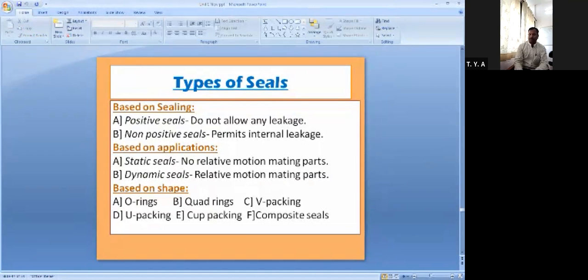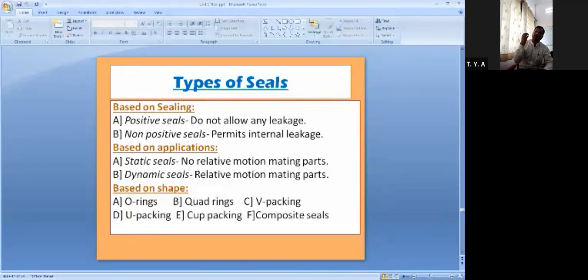Now the question is, what are positive seals? These positive seals do not allow any leakage, whether it is internal or external leakage.